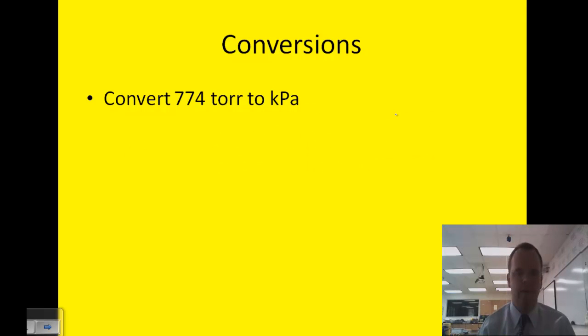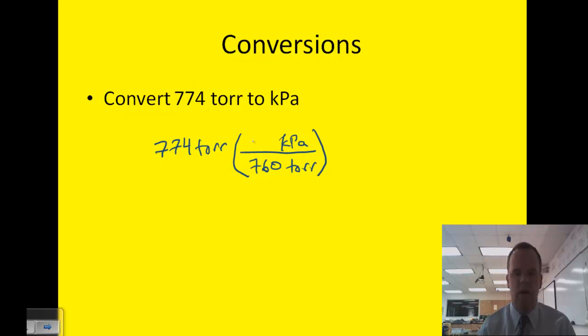Here we have 774 torr, and we want to go to kilopascals. Try this one on your own, press pause here for a second, try this on your own, then press play again to see my answer. So we have 774 torr. We want to cancel torr. We want to go to kilopascals. So we know from our conversion factor that there's 760 torr for 101.325 kilopascals.